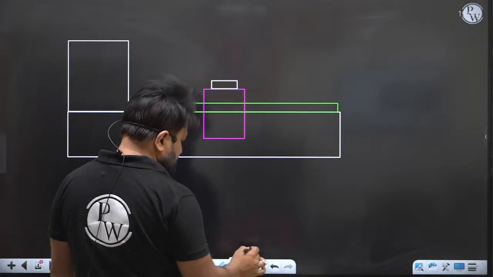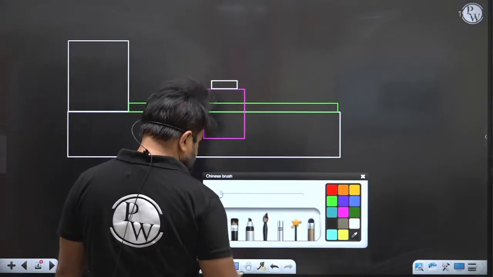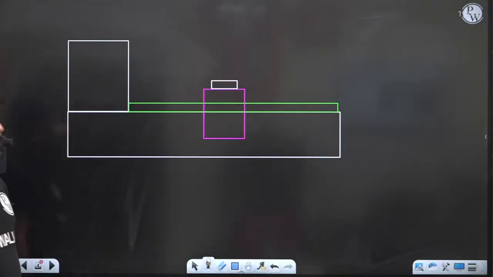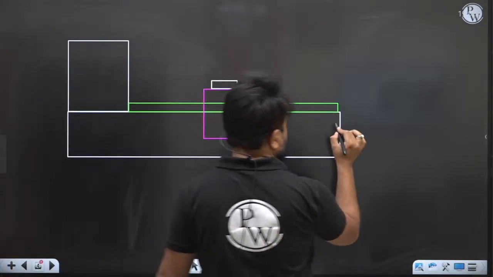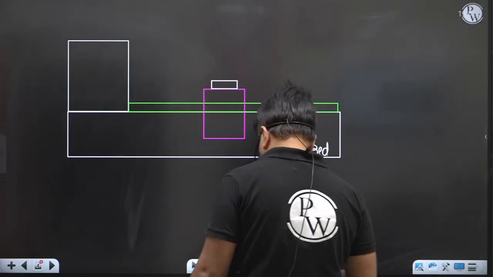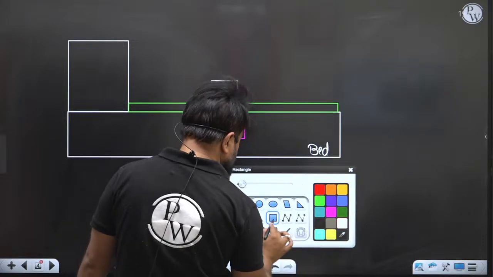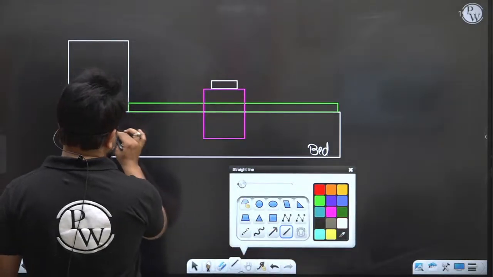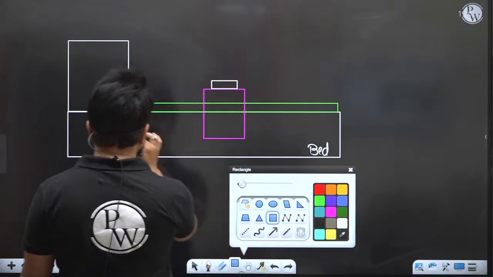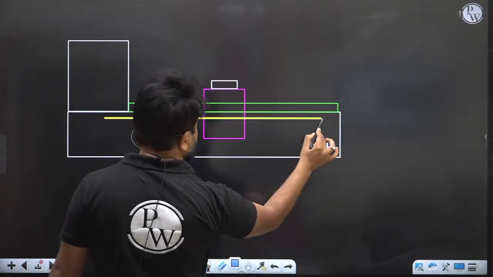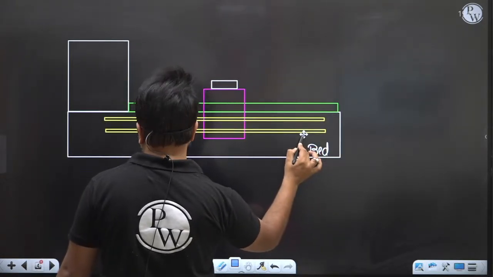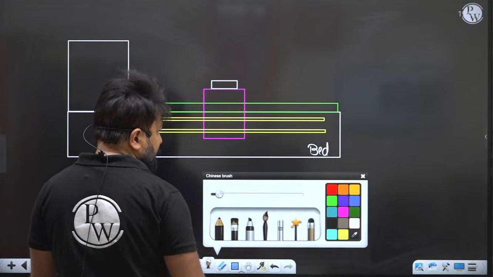So here let me write down. This is the bed, and here there will be two rods, which are known as lead screw and lead rod.